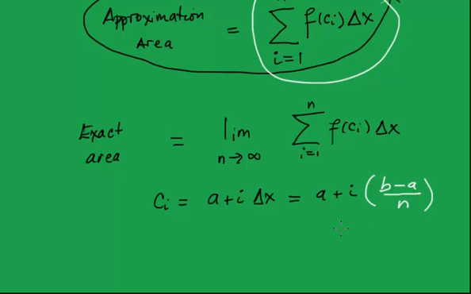And we then have an expression for the exact area. Remember, we can do this same analysis for the left endpoint and for any point in that subinterval in general. But what I want you to understand at this point is to be able to find the formula of the exact area using right endpoints, as we just did in this video.